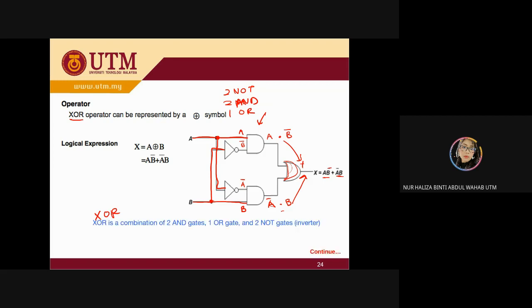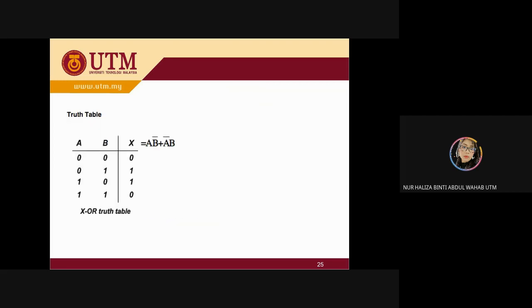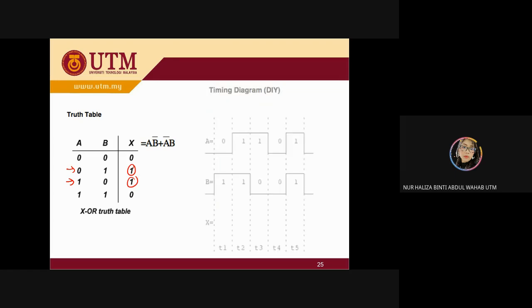Let's take a look into the truth table. If the inputs are different, I have the 1, and the rest will be 0. Let's say over here I'm going to pick 0, 1 or 1, 0 only. 0, 1 is 1. 1, 0 is 1.